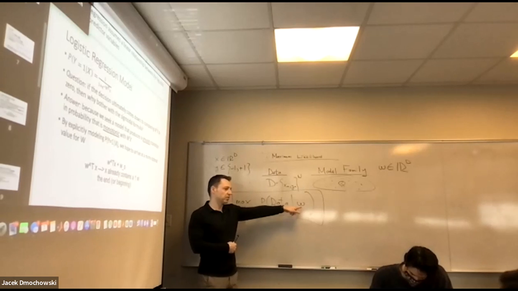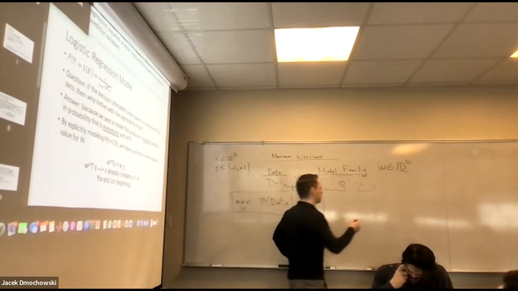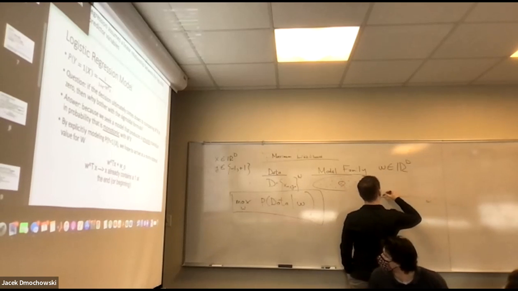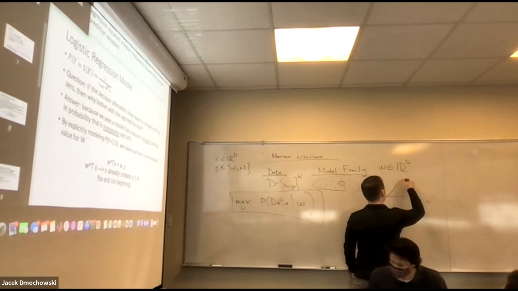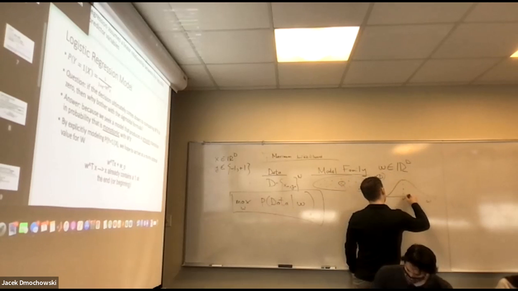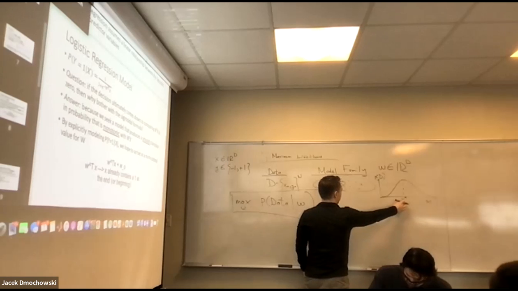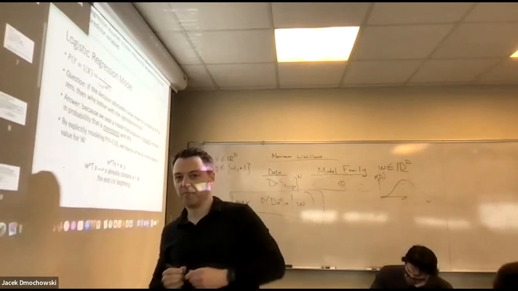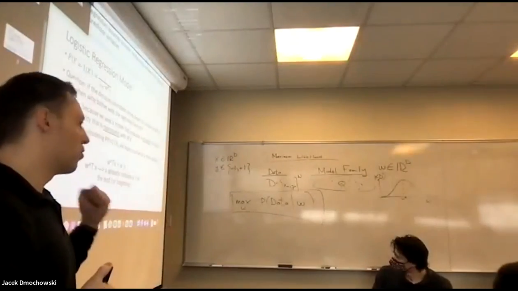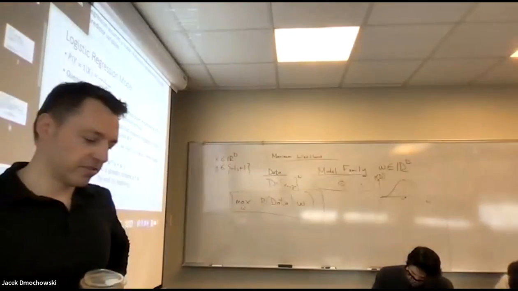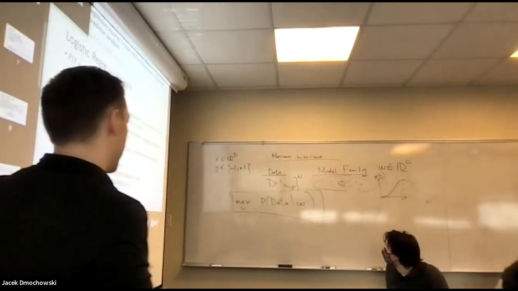What's a variable is W. If W was one-dimensional, then you would have maybe some Gaussian looking thing, which would be the probability of your data. And the model that you would pick would be here, because that value of W maximizes the probability of observing what you actually observed. So this is placing a lot of truth into the data that you collected.